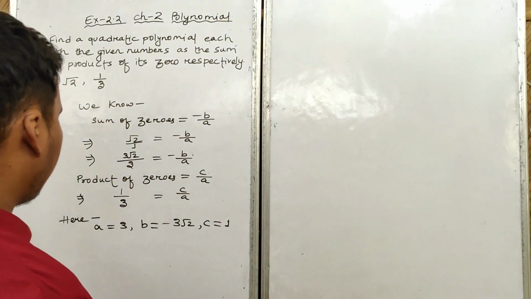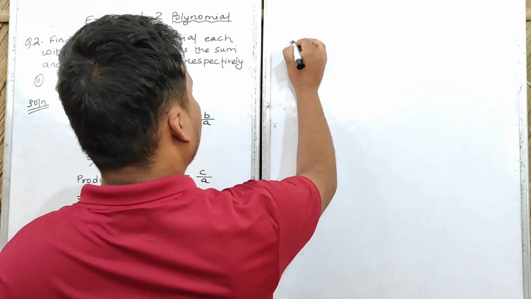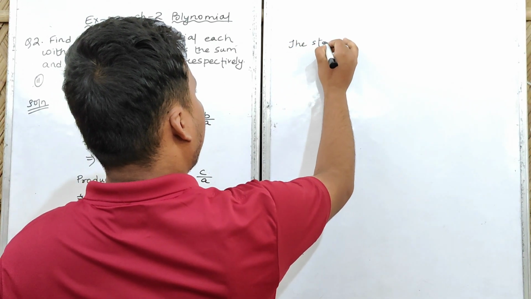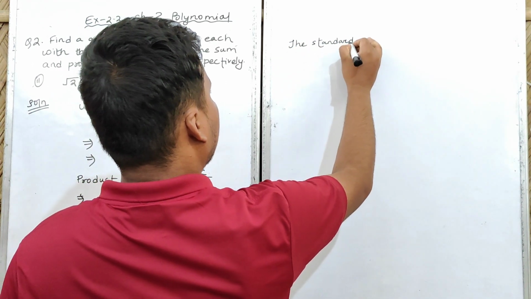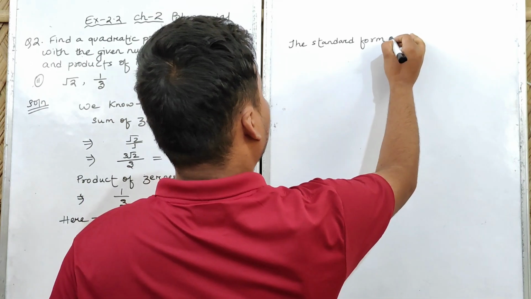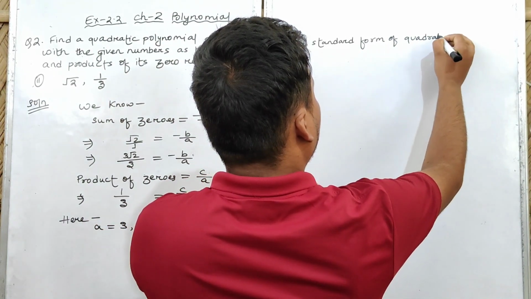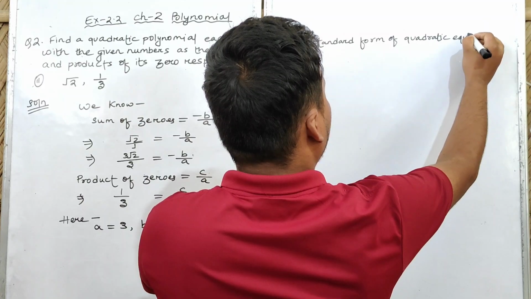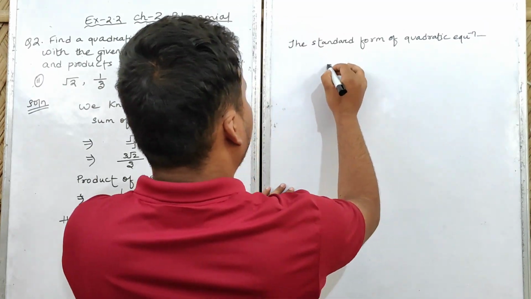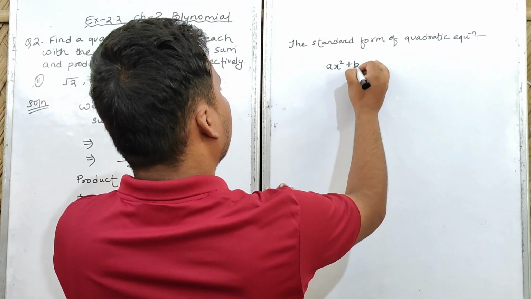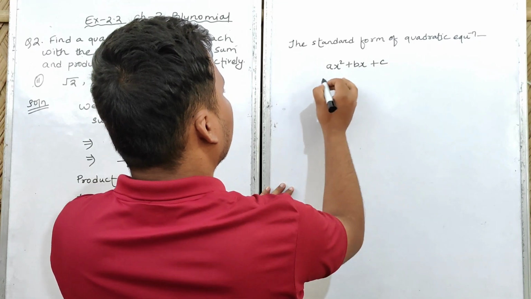Okay, now we'll write the standard form of quadratic equation. The standard form of quadratic equation क्या था हम लोग का? स्टैंडर्ड फॉर्म ax² plus bx plus c.